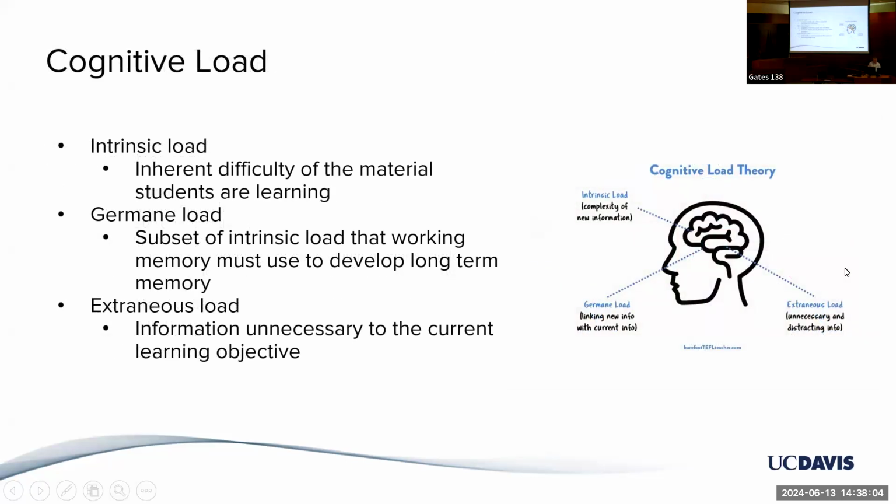Cognitive load is another area of cognitive neuroscience that is applicable to our work. In cognitive load, we have intrinsic load, which is the inherent difficulty of the material. There's the germane load, which is the subset of intrinsic load that working memory must use to develop long-term memory. And then you have your extraneous load, which is your unnecessary or distracting info.